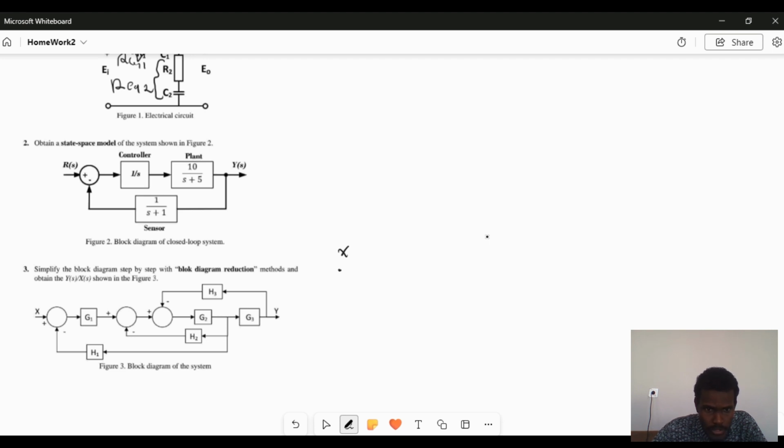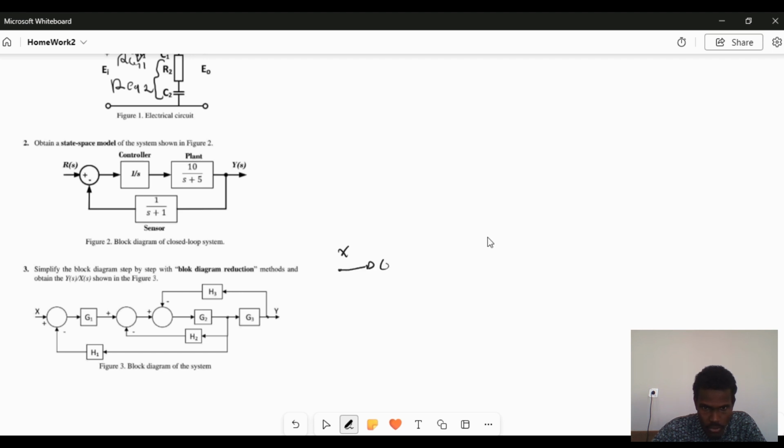First of all, we can just move this node to this side. By doing it, we should multiply H3 with G3 because we took it from here. So let's redraw it here.